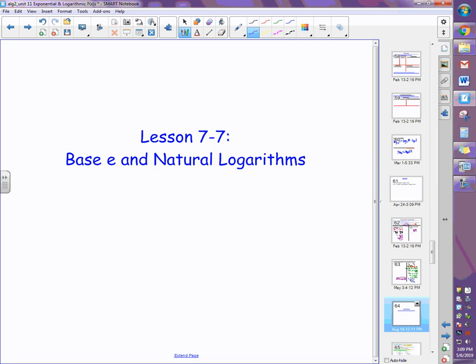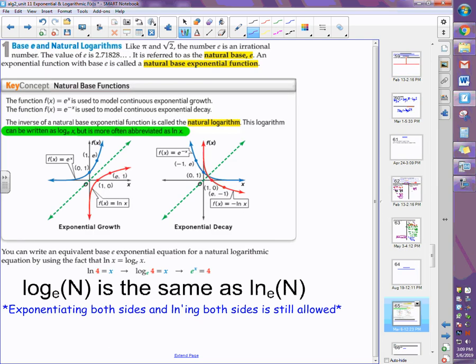Now we're going to talk about base e and natural logarithms. e is a number that's approximately 2.718, and it continually goes on, kind of like pi. It's a pretty common exponential function. It works just like any other exponential function, where e is the base.